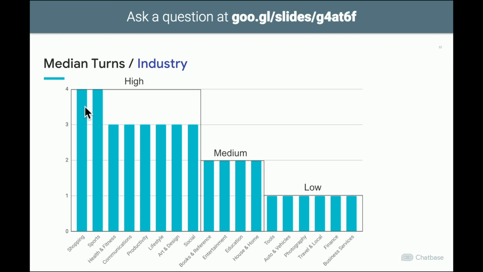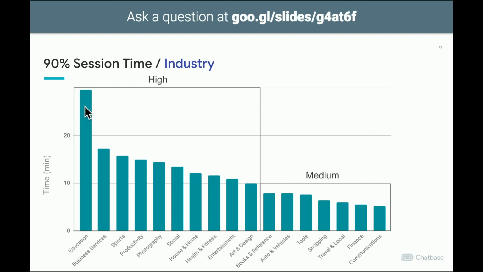So feel free to look where you fall in terms of your bot across these industries and see how you might compare. And again, now we're going to take a look at the most engaged users, the top 10% per industry.